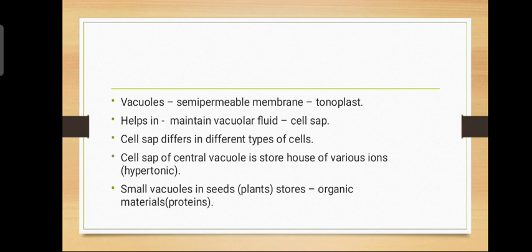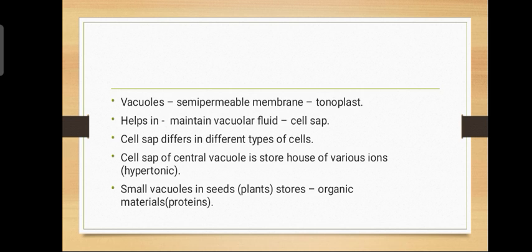Vacuoles also store some excretory products, organic material like proteins, or pigments that give attractive colors to the petals. All these are present inside the cell sap.